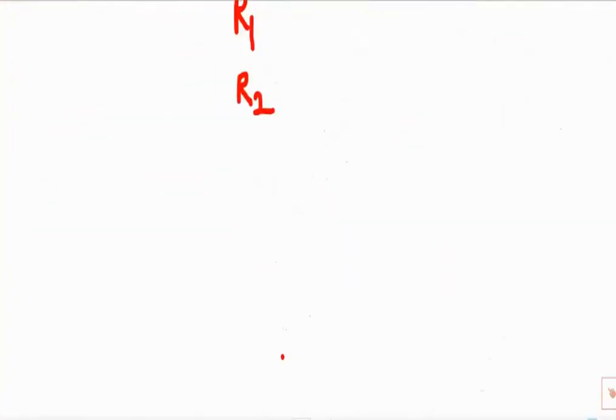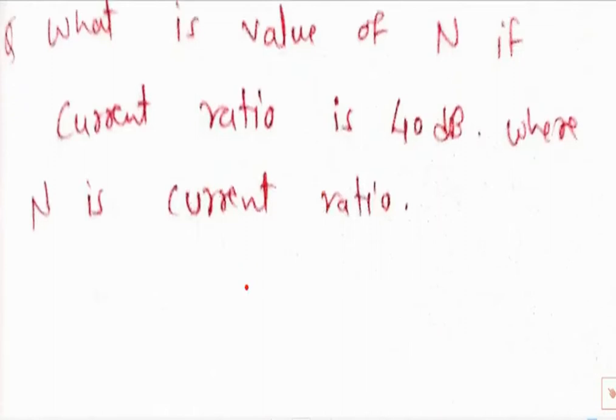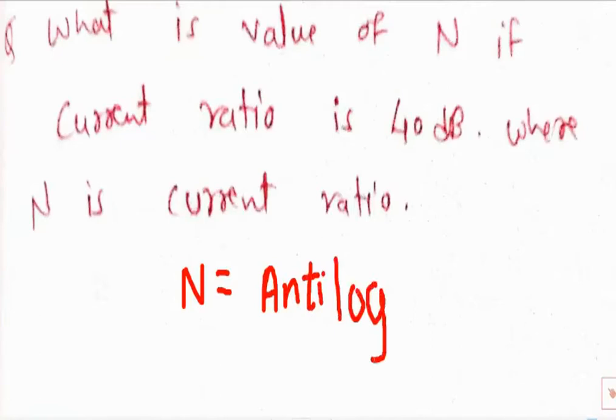I will give you time to ask doubts afterwards. Now your question is, what is the value of N if the current ratio is 40 dB, where N is also the current ratio? Just now we derived the formula N equals anti-log of alpha by 20.